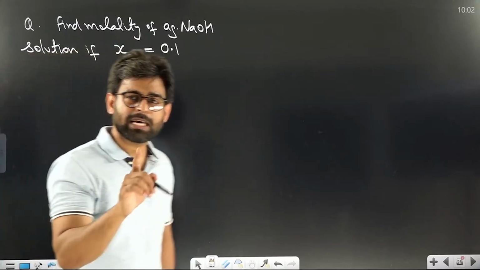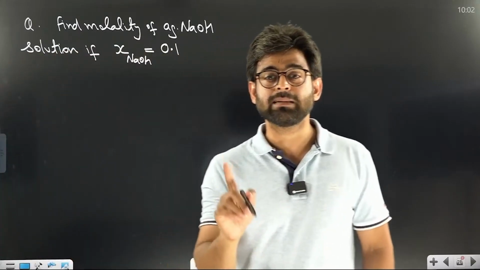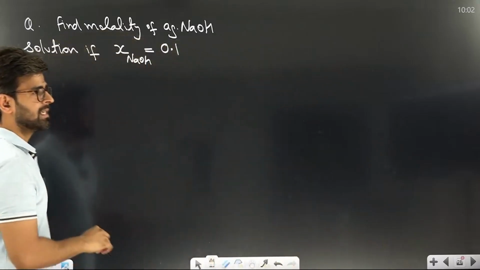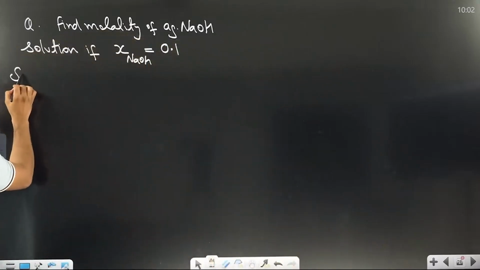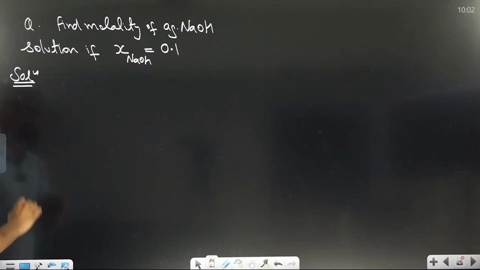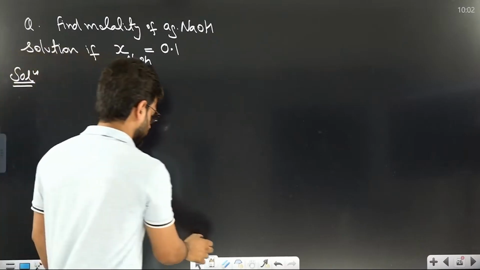If the mole fraction of NaOH is 0.1, then find the molality. Use the direct relationship and give the answer.